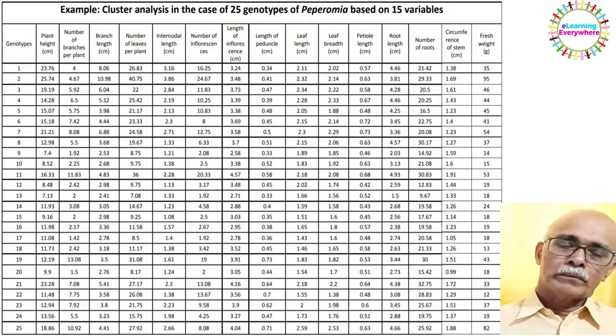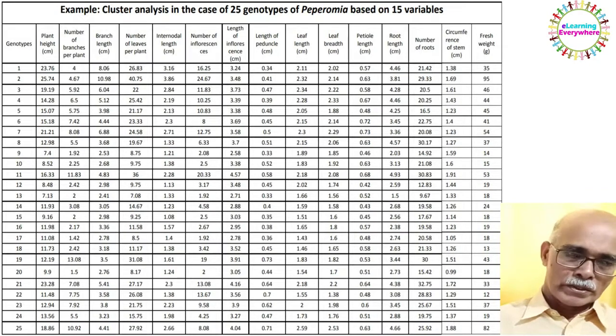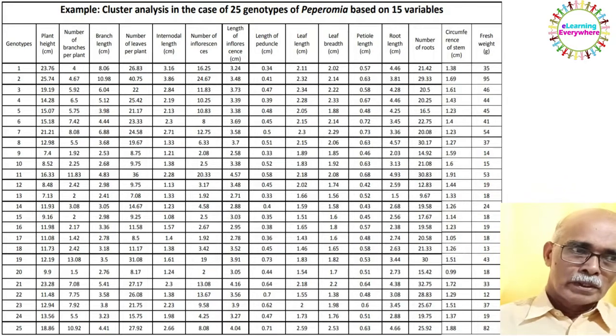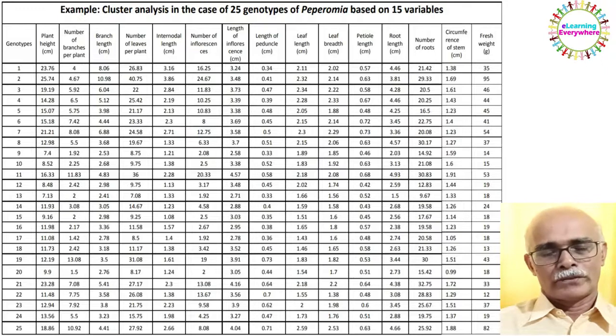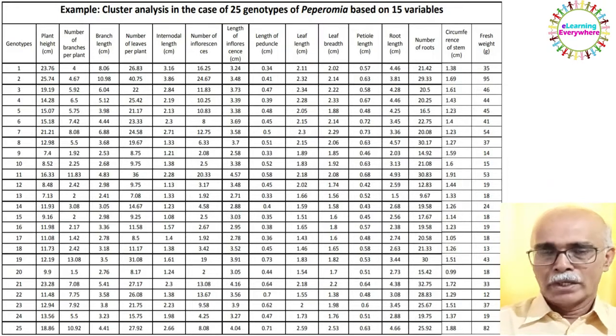And when you carry out cluster analysis, since it is a little sophisticated pattern of analysis, we usually nowadays use statistical packages for the purpose. Here we are classifying the 25 genotypes into different clusters based on the 15 variables being analyzed.